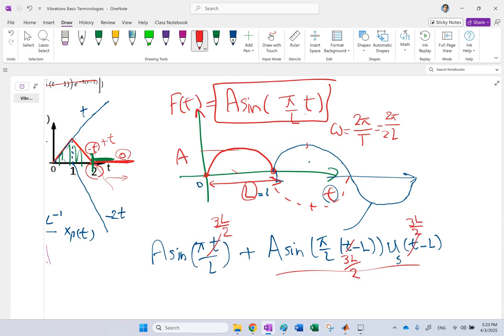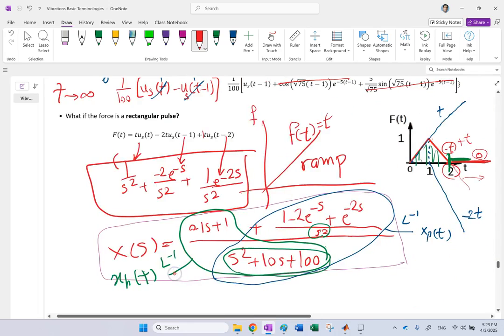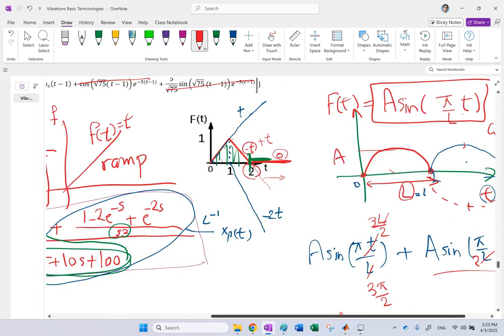Well, US of anything positive is 1, so that whole thing is 1. Here you get L over 2 for this whole argument, and L over 2 and L you would cancel, you get pi over 2. This here you would get what? You would get 3 pi over 2. And what's sine of 3 pi over 2? Well, you're right, it's negative 1.